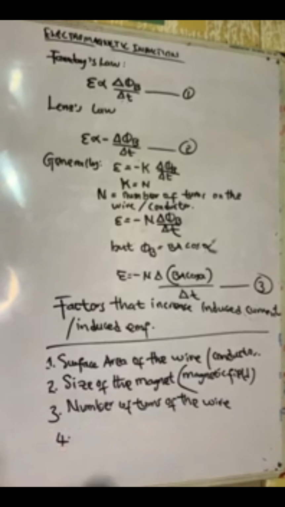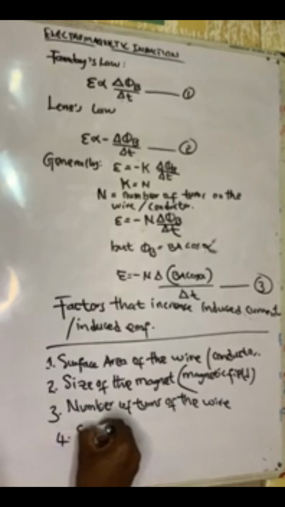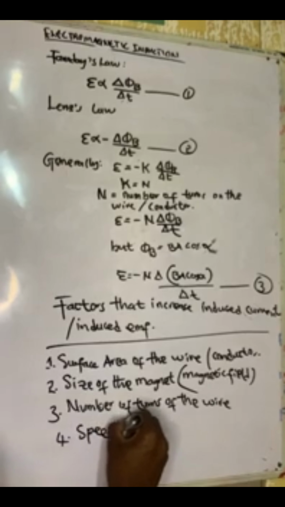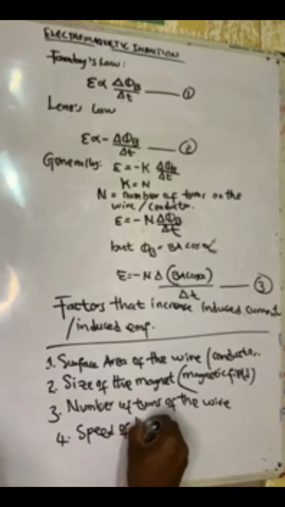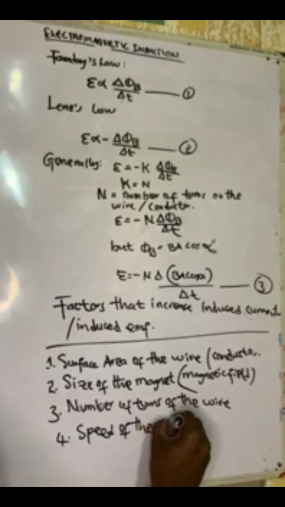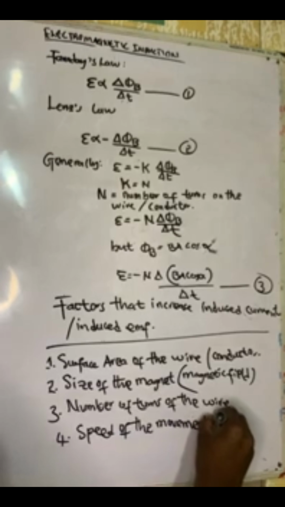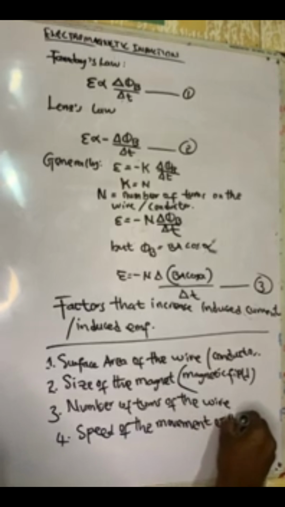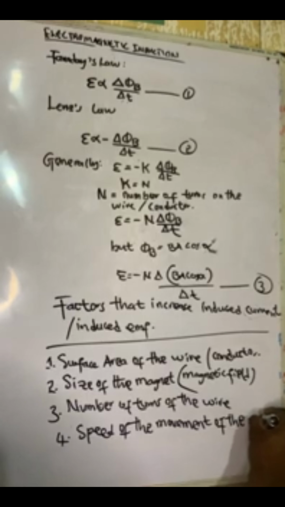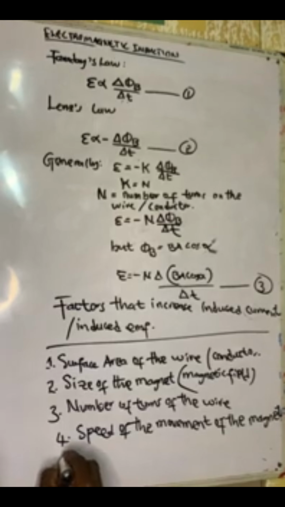4. We can also talk about the speed of the movement of the magnet. And then 5. Do you have 5? Yes. The orientation.